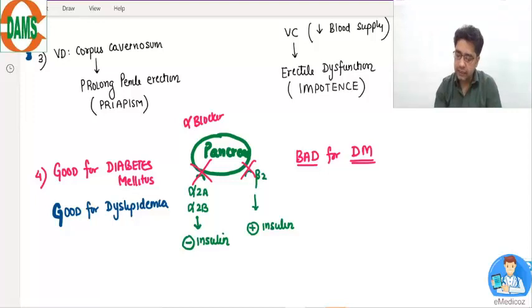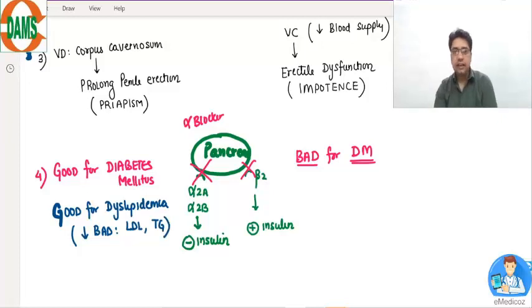Alpha blockers decrease the bad lipid level, which means LDL and triglycerides, and increase the good lipid level, HDL, from the liver. It's a direct action on liver.